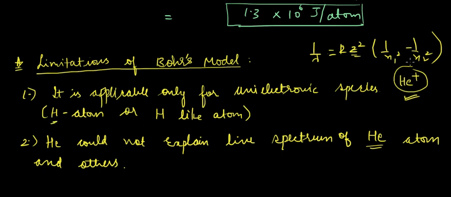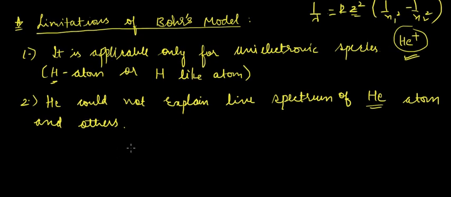Now the Z for this He plus still remains 2, unlike H atom wherein Z was 1. So we mean that it is only applicable for unielectronic species, just like hydrogen atom or hydrogen like atom. Z could be different, but the number of electrons in that atom should be 1.